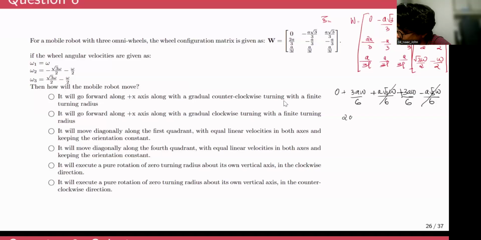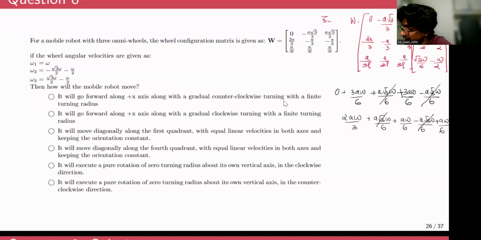You get 2a omega by 3 plus a root 3 omega by 6 plus a omega by 6. Then you have minus a root 3 omega by 6 plus a omega by 6. I believe I am correct. So in this case also, these two entries will get cancelled.